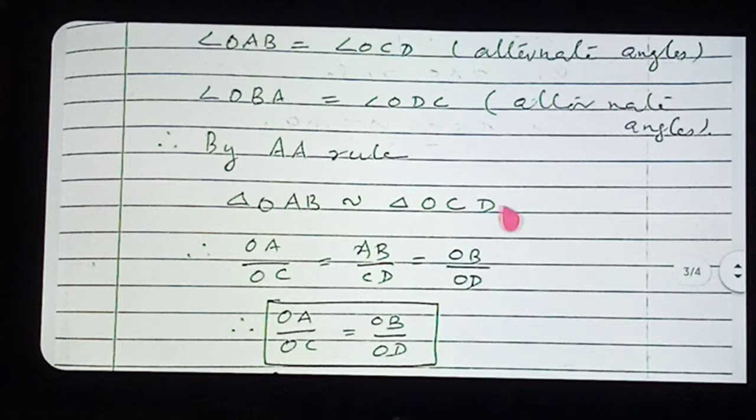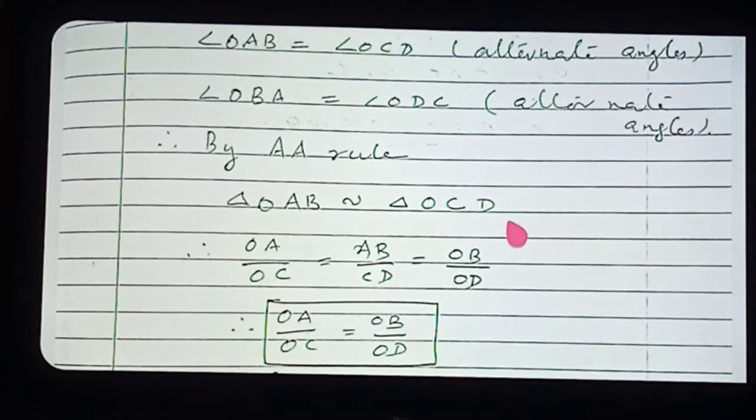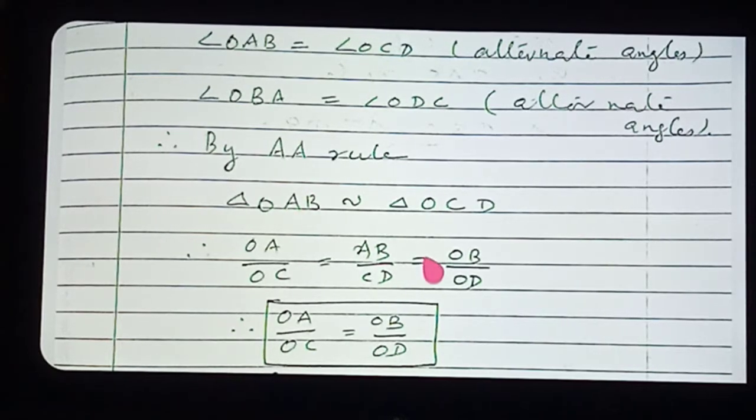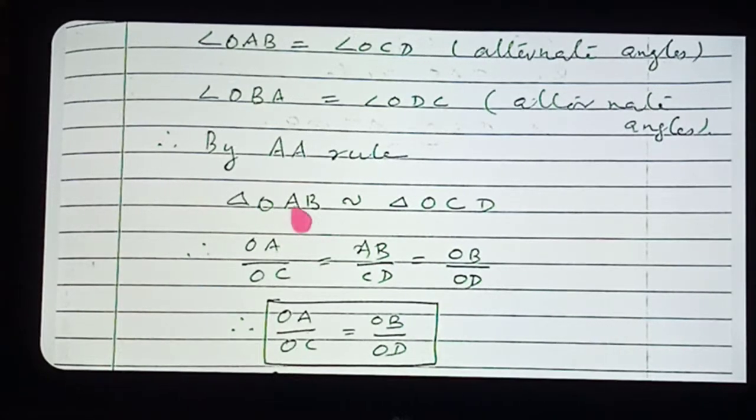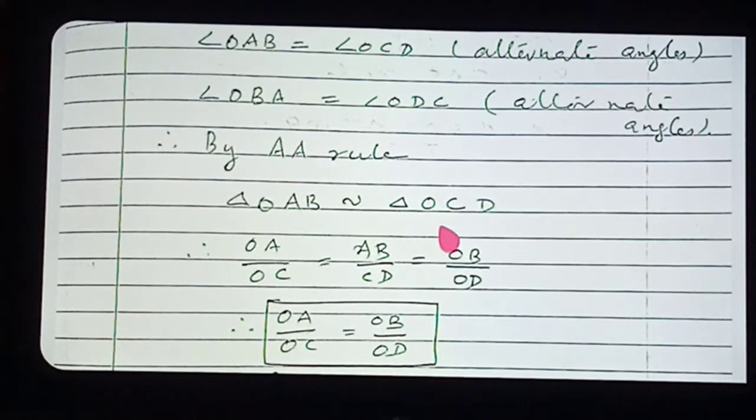Therefore, if two triangles are similar, you have studied that all the corresponding sides are in the same proportion. Triangle OAB and OCD are similar by which criteria? AA criteria. Therefore, what can you say? All the triangle sides are in the same proportion. So, I have written all the sides: OA by OC, AB by CD, and OB by OD.